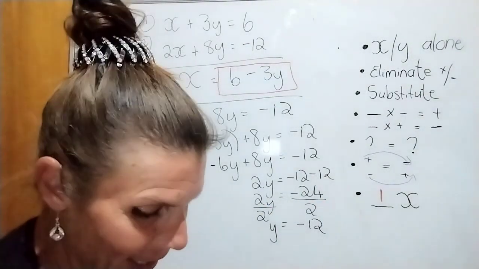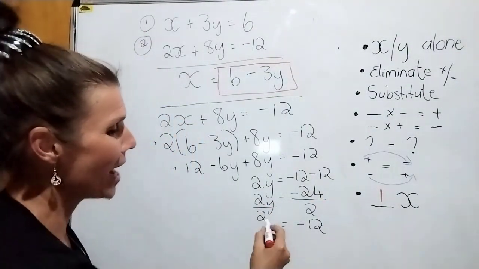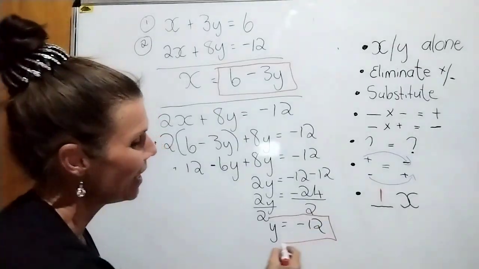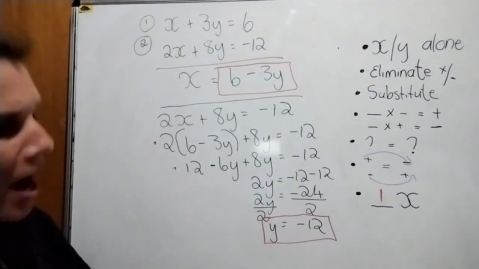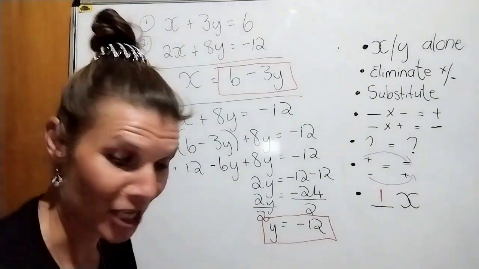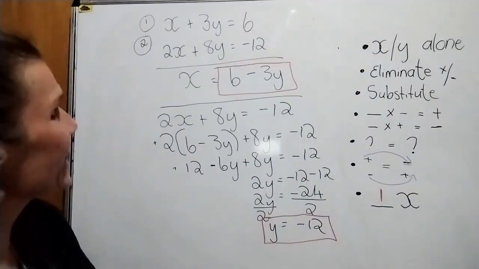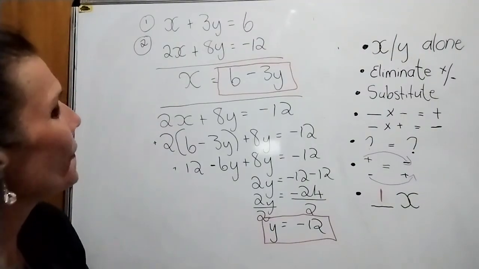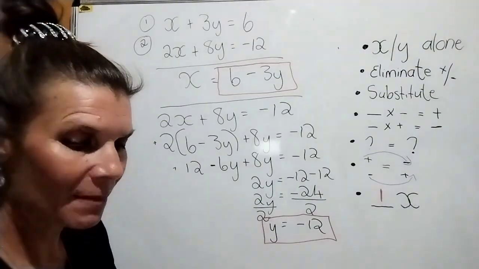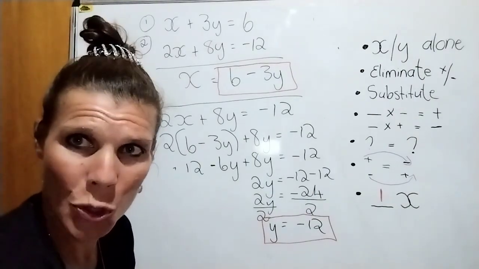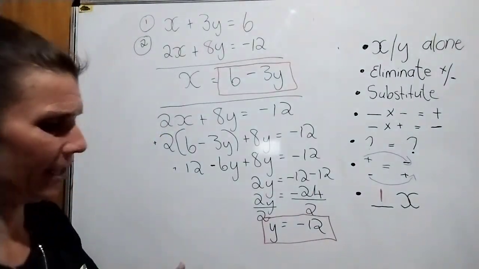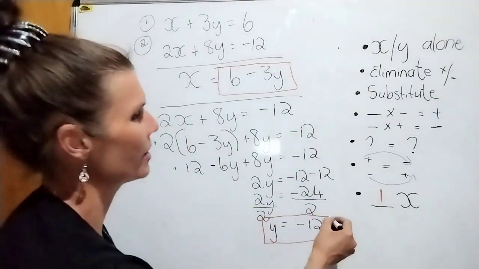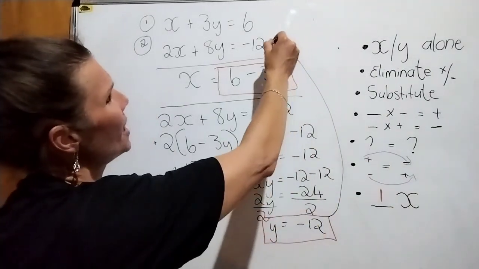Great job. Now I've got my value of y from my second equation. So now let's see if I can finally get my x alone and add the values in. I'm just going to bring this up to here.